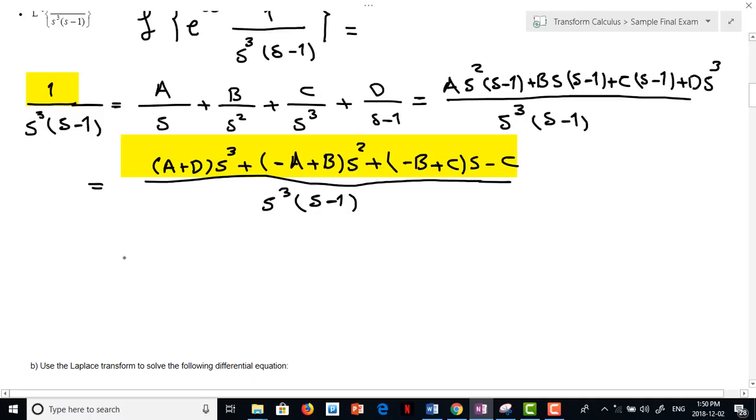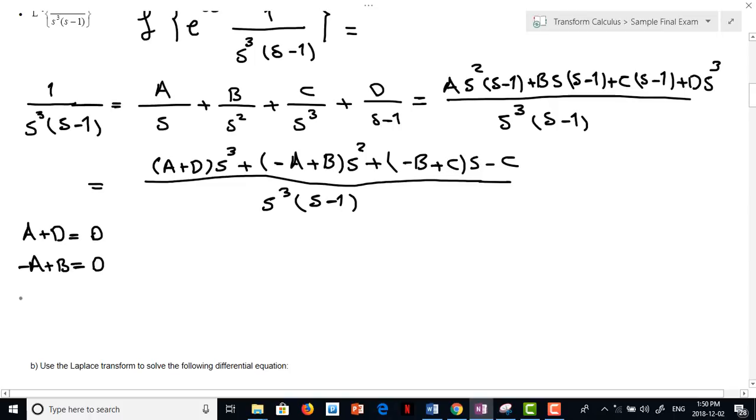So at first we have to look at the coefficient of s to the power of 3. On the right hand side we have a plus d. On the left hand side we have just 1, so the coefficient of s to the power of 3 is equal to 0. Then we look at the coefficient of s to the power of 2. We have minus a plus b on the right hand side, and on the left hand side it is equal to 0.